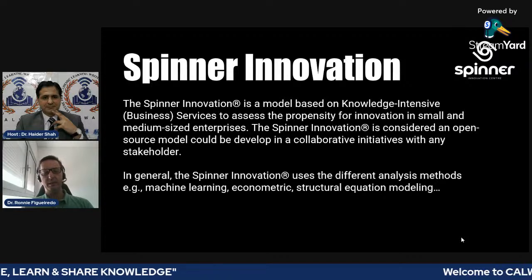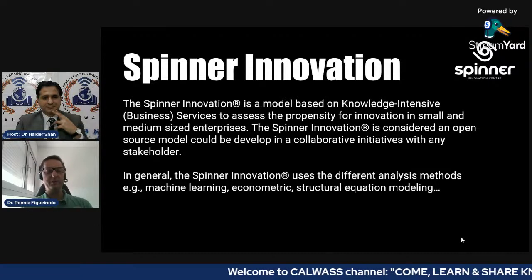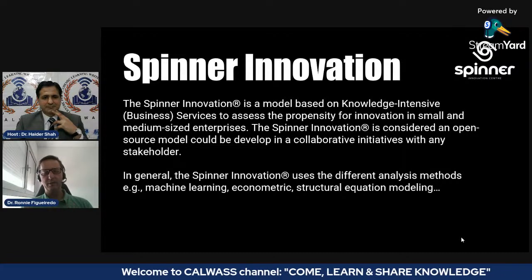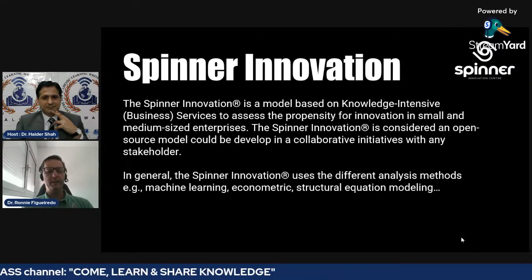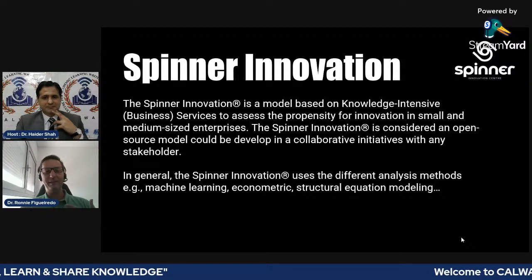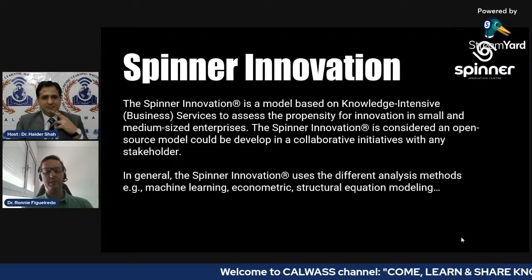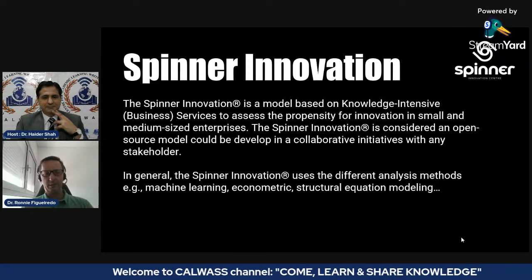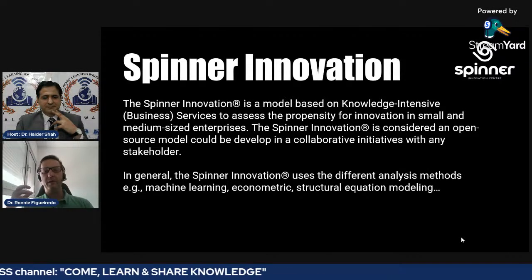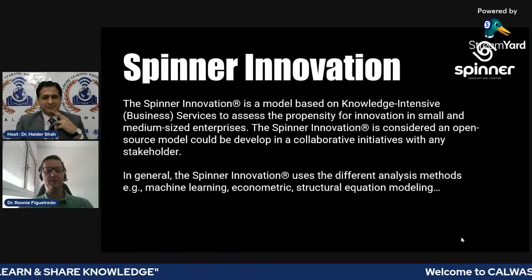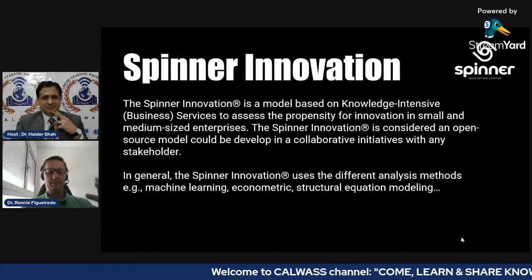I have been using spin innovation in different economic sectors, like agriculture, tourism, consultancy, hotel sectors, and others, using different statistical or mathematical analyses such as machine learning, econometrics, structural modeling, and so on. So spin is totally free and totally open for you to increase your point of view and make this model grow in terms of science.